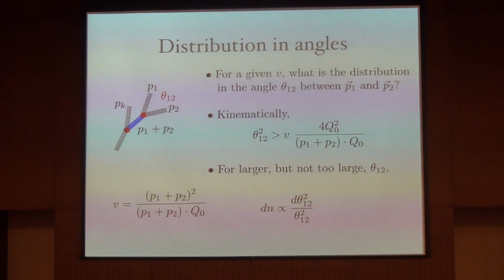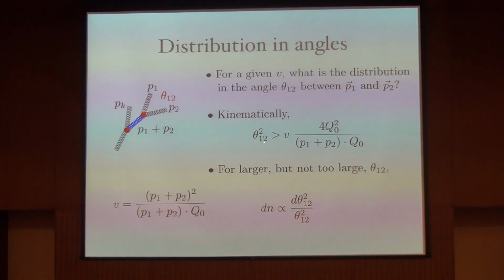You get to integrate over theta 1, 2. Kinematically, it can't be too small because, well, evidently, if theta 1, 2 goes to 0, then v has to be 0. If two partons are just exactly collinear, then the virtuality is 0. So there's a limit. Theta 1, 2 has got to be bigger than v divided by something having to do with the external kinematics.